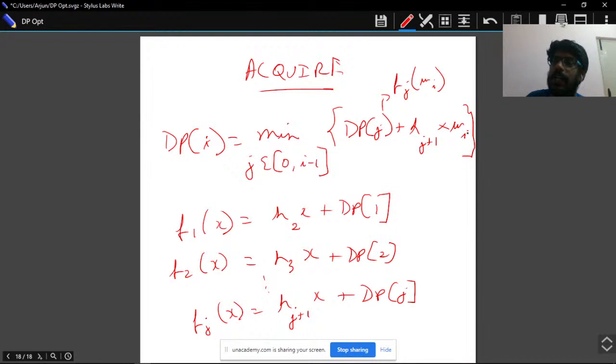And importantly, this wi remains the same across all j's, right? wi is independent of j. It depends only on i, right? So dp of i is nothing but take all these i minus 1 functions, evaluate all of them at wi and tell me the minimum value.